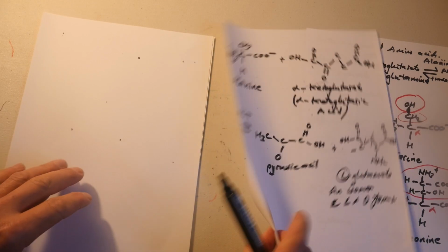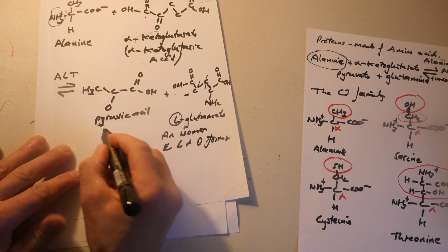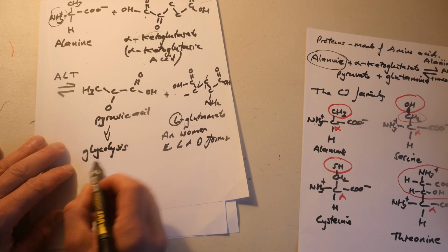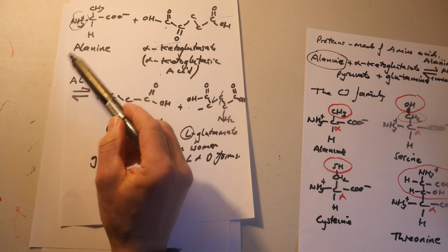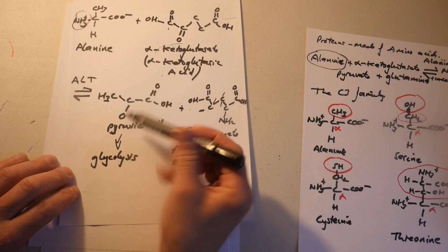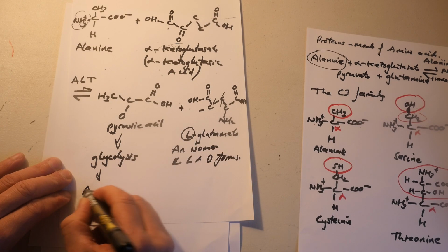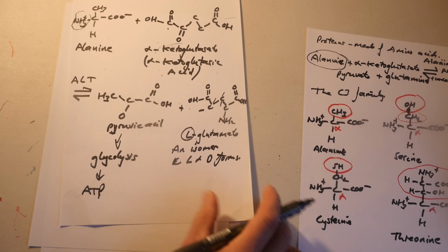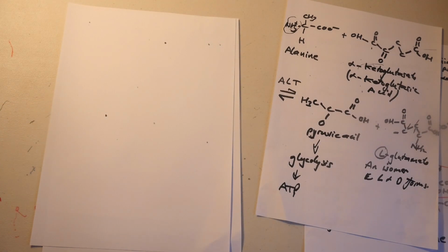The production of pyruvic acid can lead to glycolysis. So by converting excess amino acids into pyruvic acid and L-glutamate, this can be shuffled off to glycolysis for the creation of ATP, which we know is the main purpose of glycolysis. Energy.